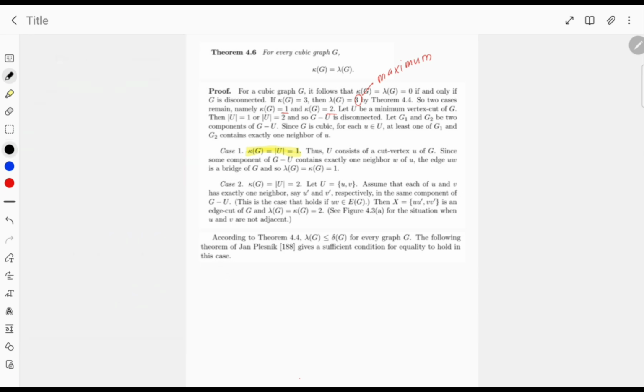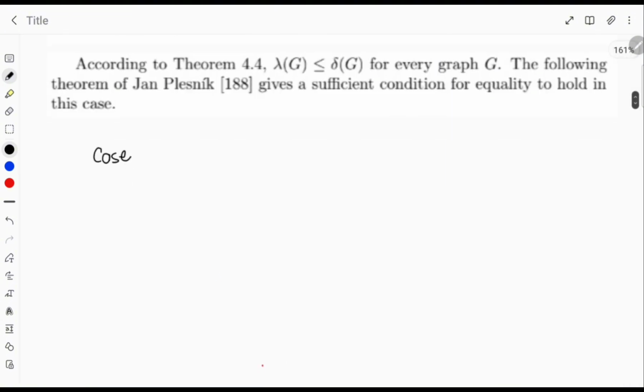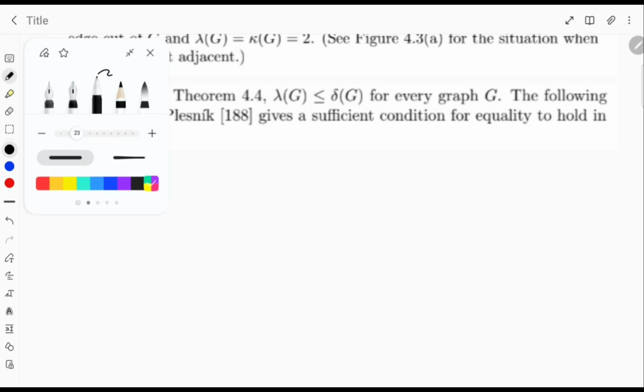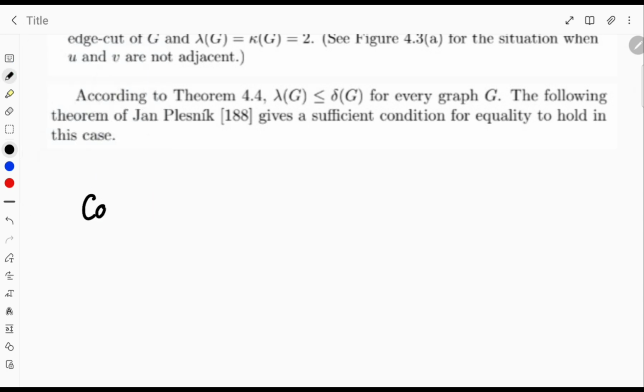For case 1, we have G equal to, let's have this graph.